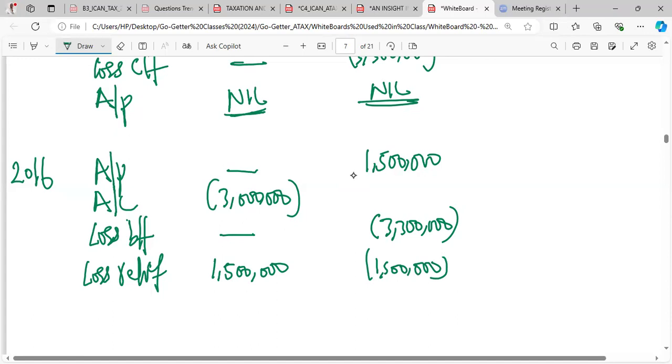So we will say loss carried forward. When we take 1.5 from 3 million, of course, 1.5 will be carried forward, and this 3.3 will also be carried forward.